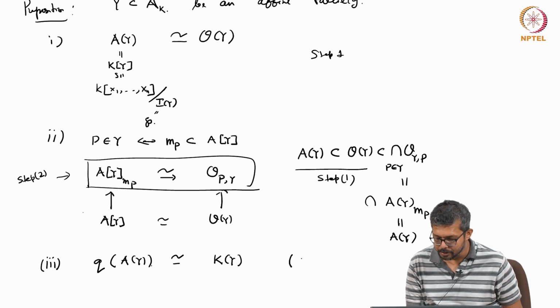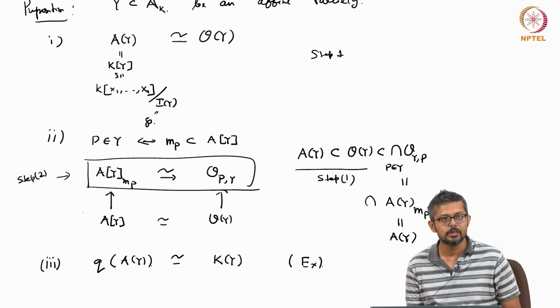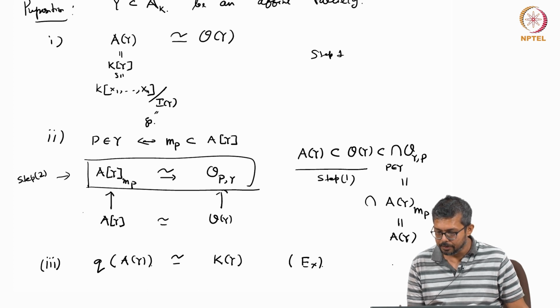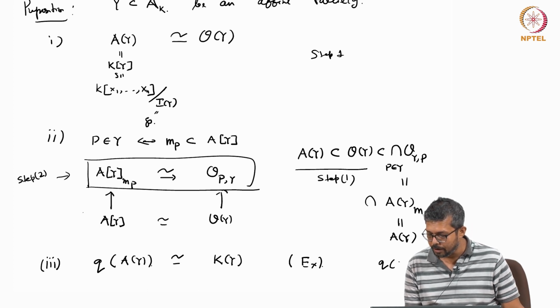And this is also easy. Everything follows more or less from definitions. So that's why probably I left it as an exercise. So basically, the quotient field of A(Y) and the quotient field of A(Y) localized at m_P, they are the same.